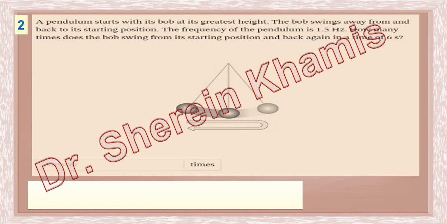Question 2 says that a pendulum starts with its bob at its greatest height, to the right or to the left. The bob swings away from and back to its starting position. The frequency of the pendulum is 1.5 hertz. How many times does the bob swing from its starting position and back again in a time of 6 seconds?